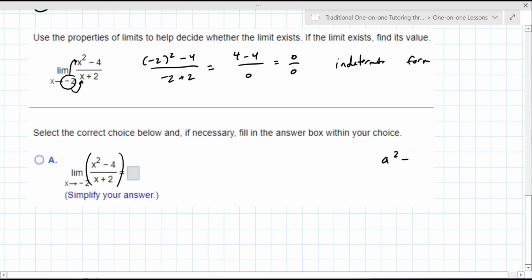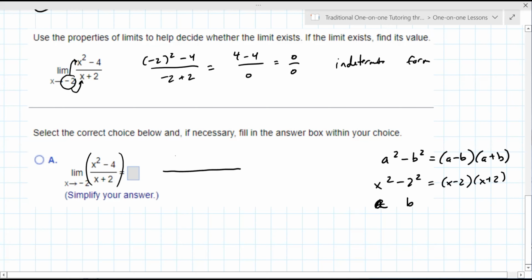So in prior courses, there's this thing called difference of squares, which factors to a minus b, a plus b. In your problem, your little a is x, and your little b is 2. So it becomes x minus 2, x plus 2. And that's the numerator. So the numerator becomes x minus 2, x plus 2 over x plus 2.